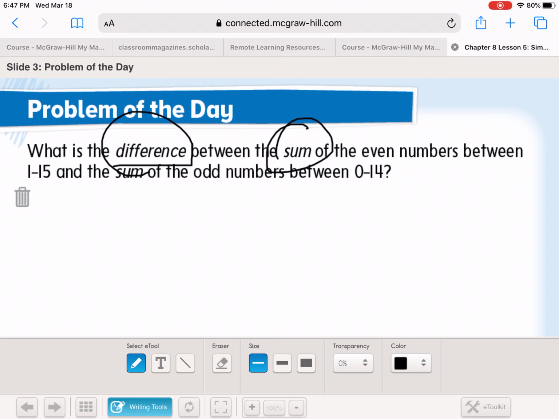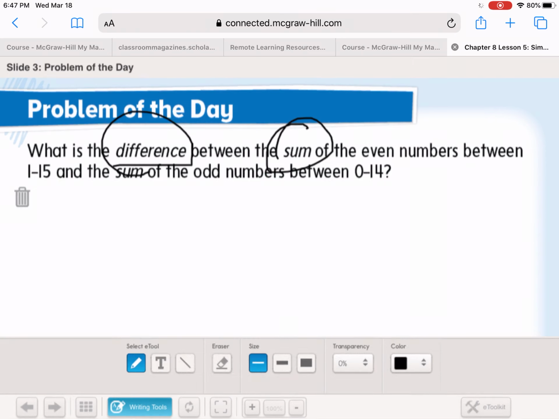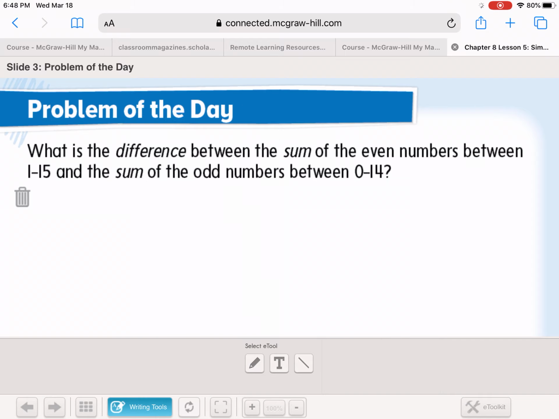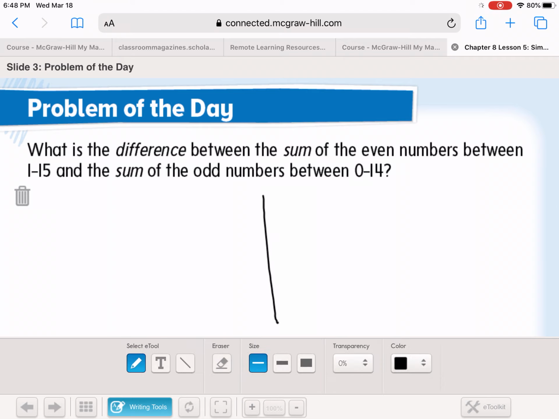All right, so we have to make 2 charts. We're only going to list over here 1 to 15, and over here 0 to 14.